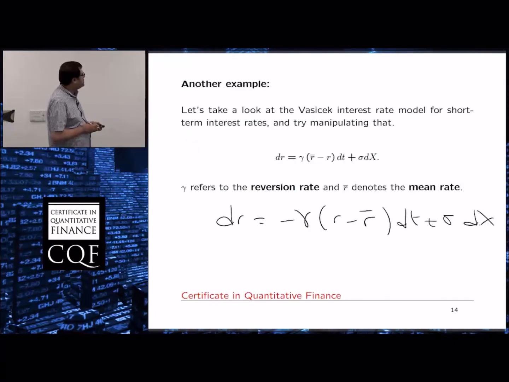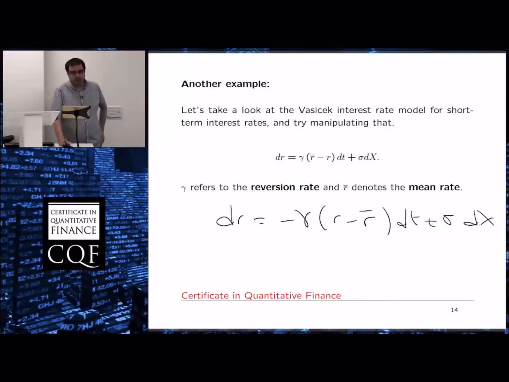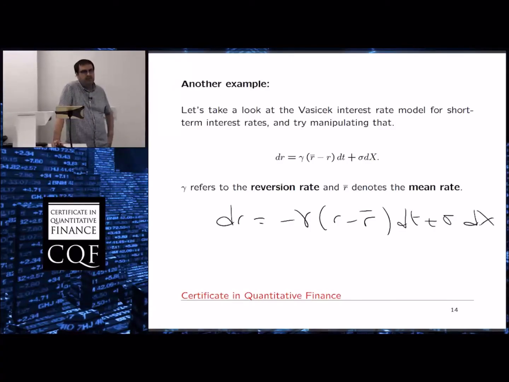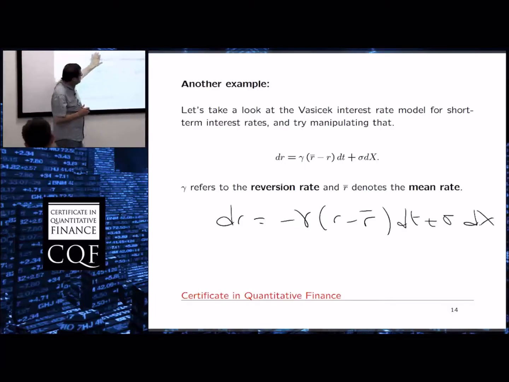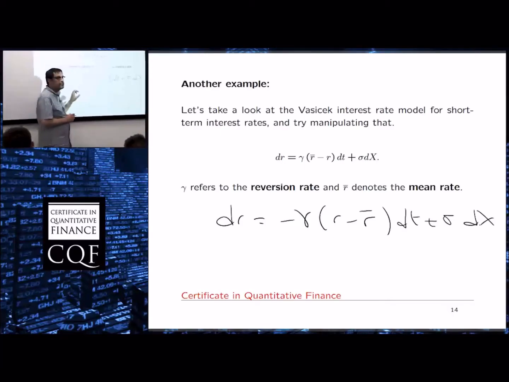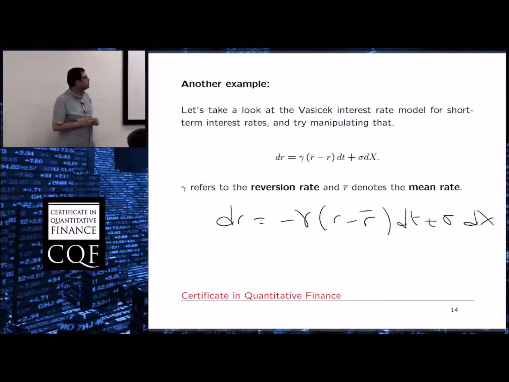Now, let's go about solving this. What we want to do is try and capture the r. The reason why the Vasicek model is nice is because, again, it has a closed form solution.